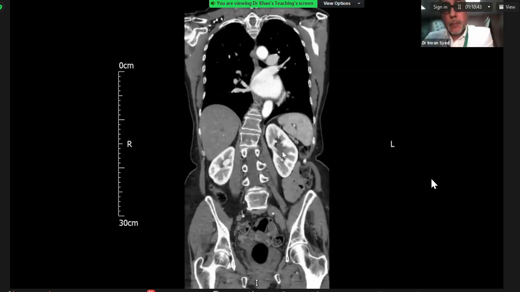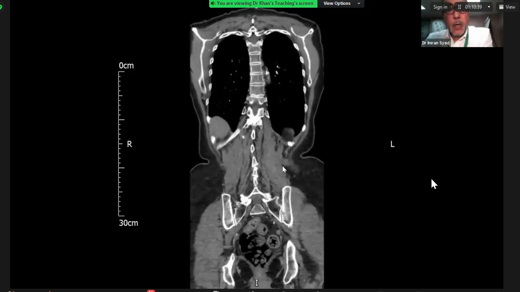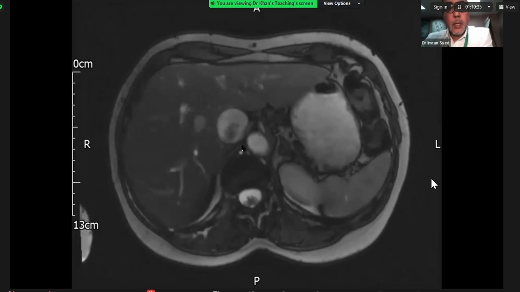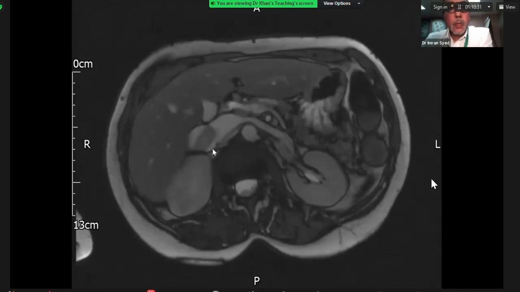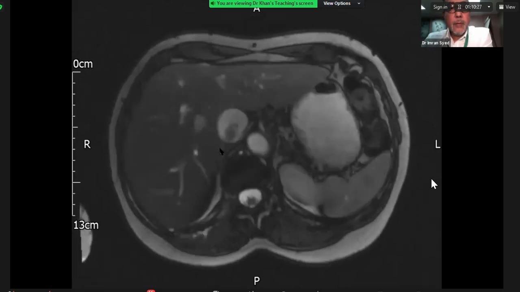Right, so that's the feature that we can see there on the CT. So that's axial and coronal. Now this is a T2 weighted MRI sequence, and you can see that there is a filling defect within the IVC.